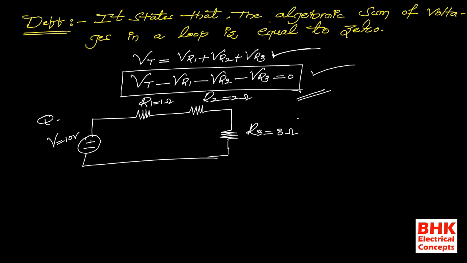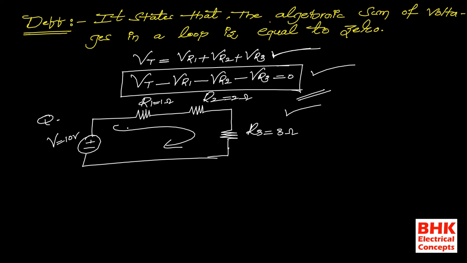So how to verify whether Kirchhoff's voltage law is verified in this network or not? By calculating the total current, and after getting the total current, we have to find the voltage drop across R1, across R2, and across R3.